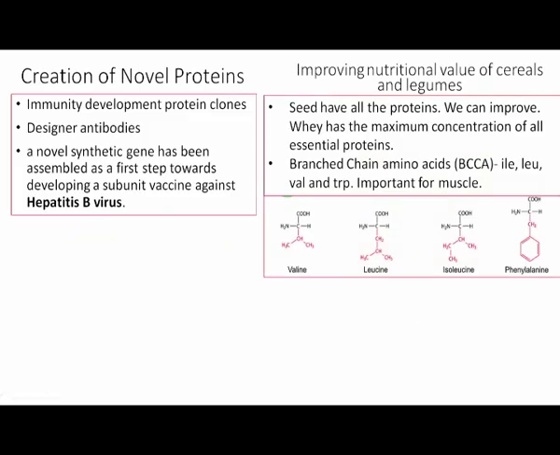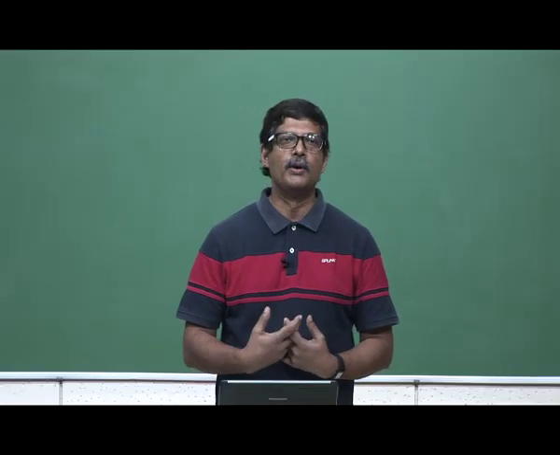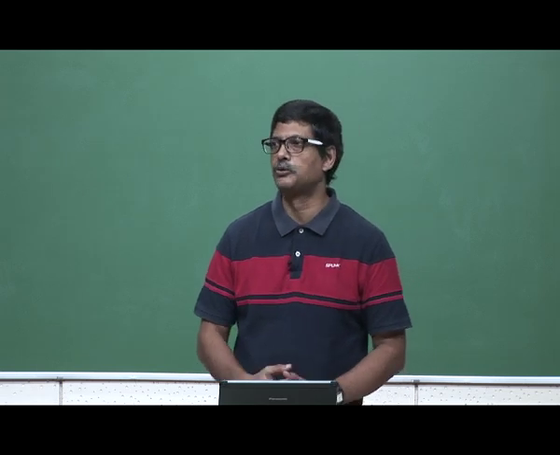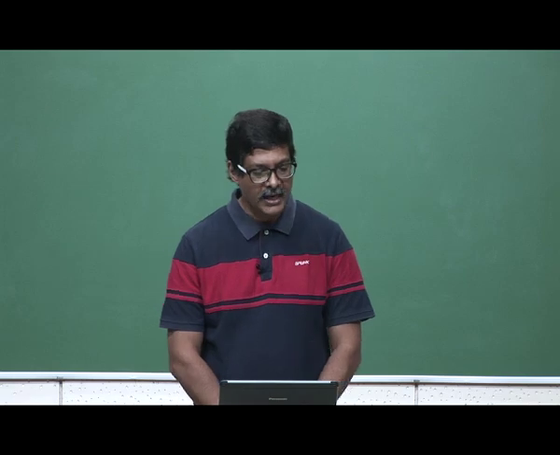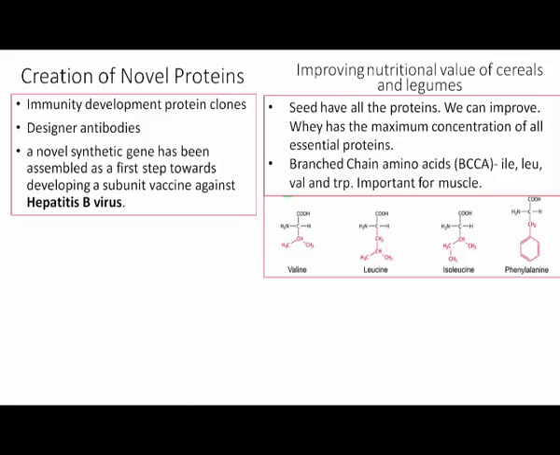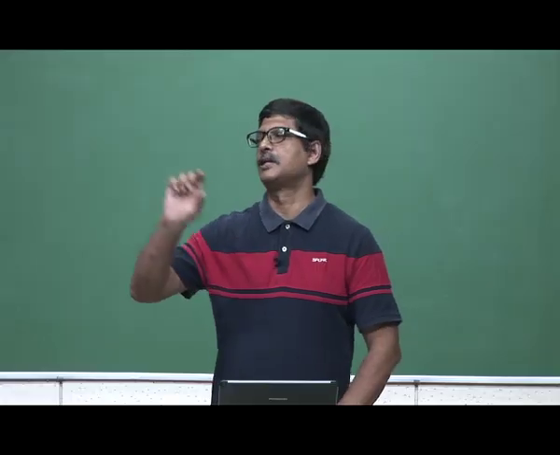Now, protein engineering is used not only for changing the stability or activity of an enzyme; we can also develop new and novel proteins. We have those tools now available to us by genetic engineering approaches. So, we can develop immunity proteins by taking some portion of the clones from the organisms.